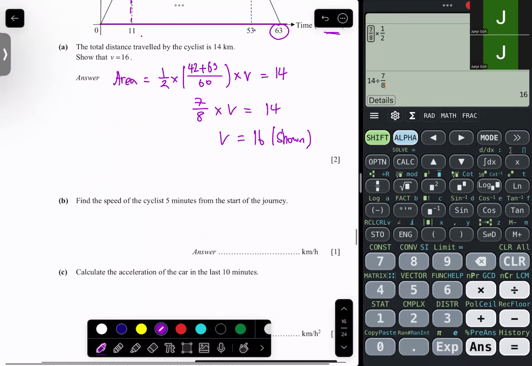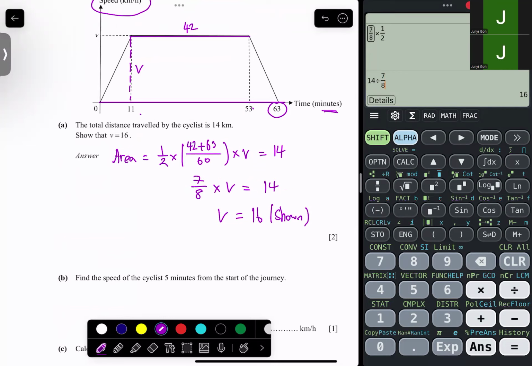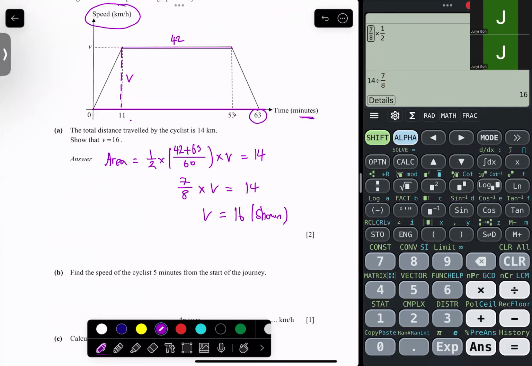Okay. Find the speed of the cyclist 5 minutes from the start of the journey. Now, this question is very irritating, because they give us minutes, but the speed is in kilometers per hour. So the speed of the cyclist 5 minutes from the start. This is supposed to be 16 km per hour.